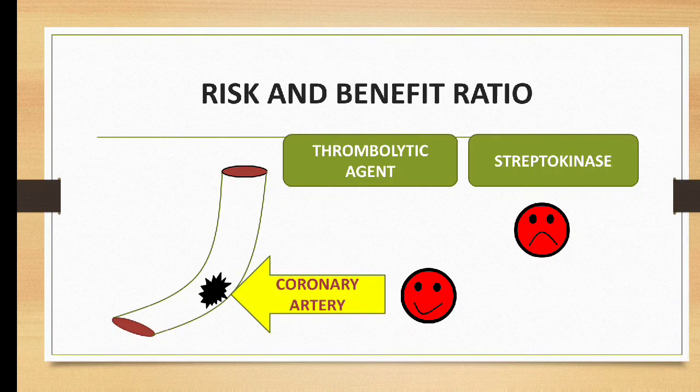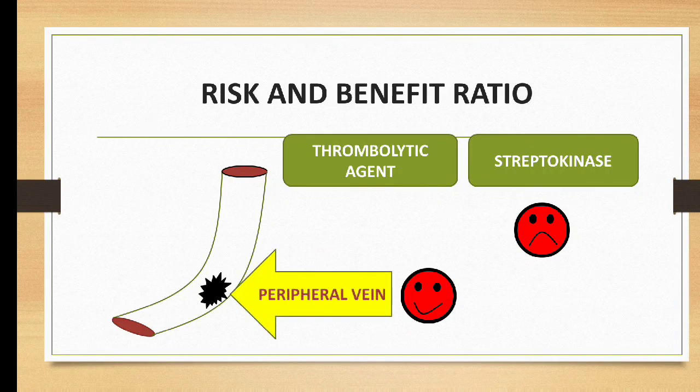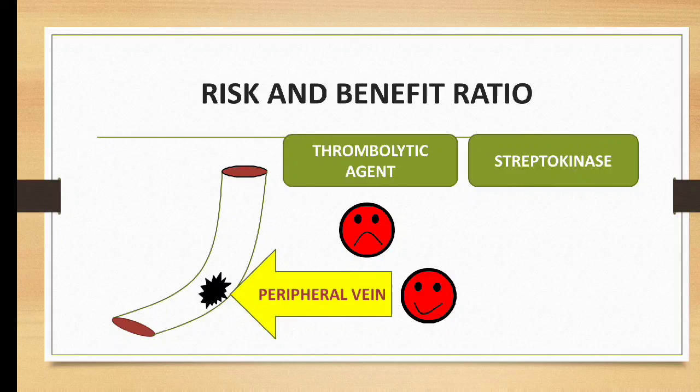But suppose such a thrombus is there in some kind of peripheral vein. In this condition, if you are prescribing streptokinase, no, it is not a good decision, because the benefit is very small.